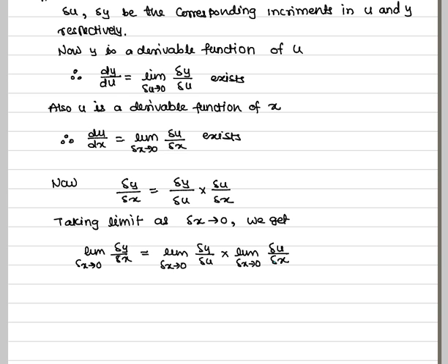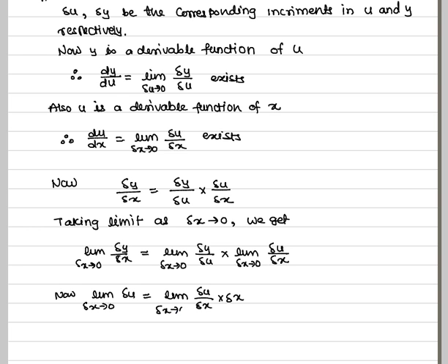Now on the right side we can find that the limit of delta u by delta x as delta x tends to 0 exists, and for the existence of delta y by delta u I should have delta u tends to 0, and for that we find what happens to delta u as delta x tends to 0. Now I may write the limit of delta u as delta x tends to 0 as the limit of delta u by delta x into delta x, multiplying and dividing by delta x.